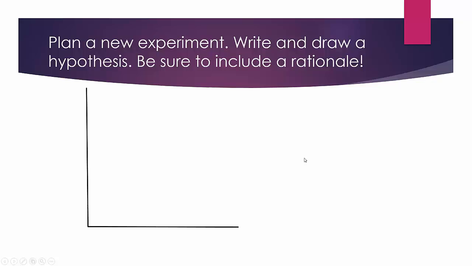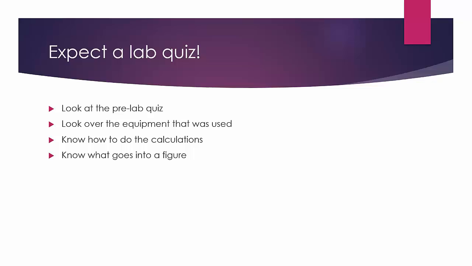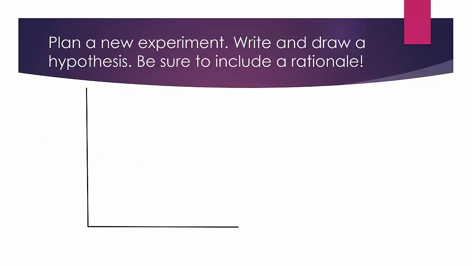So you're going to plan a new experiment. You're going to write down as well as draw a hypothesis. Be sure to include a rationale. So what we mean by that is, first of all, it's usually easier to start by drawing. So let's say you are going to zoom in on the data and you're going to test between 5 and 10%.